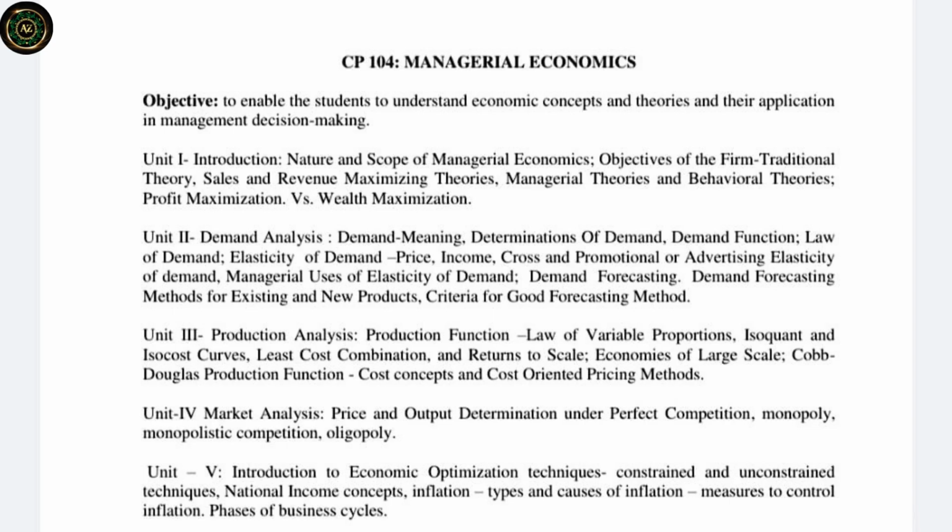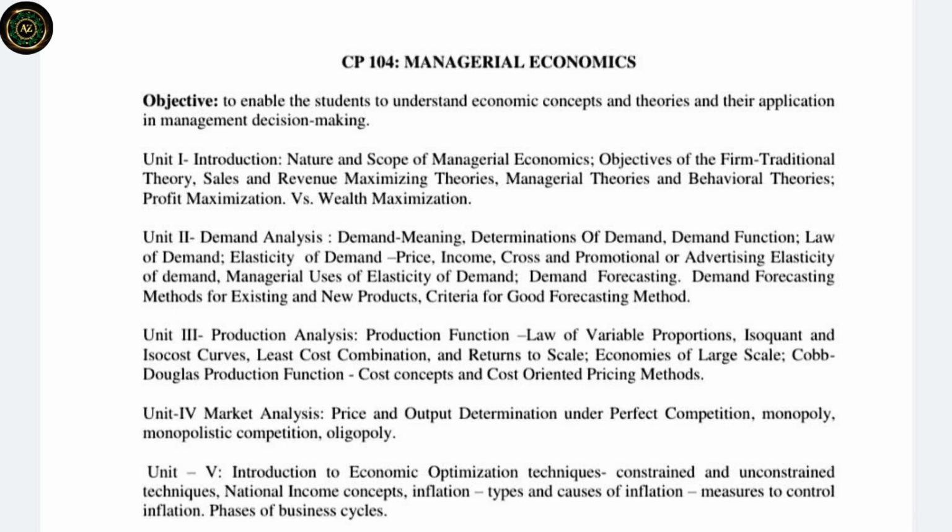Unit 2: Demand Analysis, Demand meaning, determinants of demand, demand function, law of demand, elasticity of demand, price, income, cross and promotional or advertising elasticity of demand, managerial uses of elasticity of demand, demand forecasting, demand forecasting methods for existing and new products, criteria for a good forecasting method.